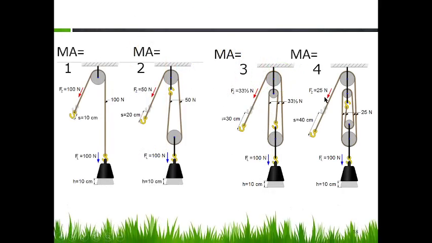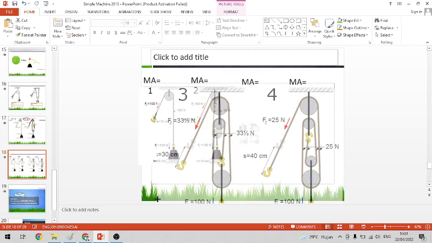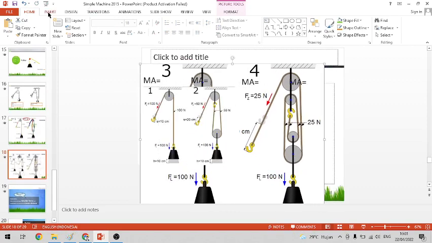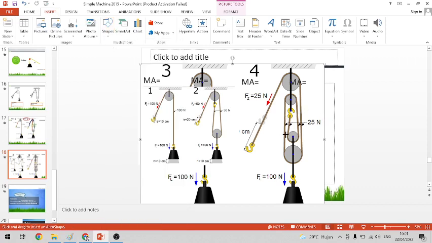And it also applies to other complex pulleys. For example, you can see the one with mechanical advantage 4. You see there are 4 ropes that hold the object, and the person only holds one of the 4 ropes like this.